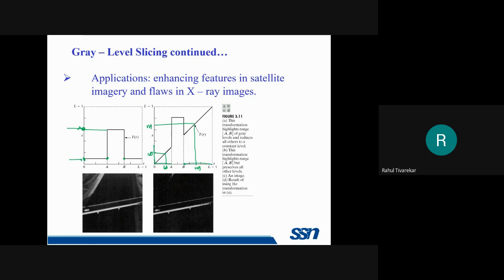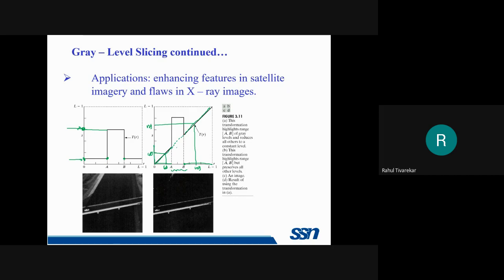So that's why you can see this kind of inclined line, because I want to maintain all the intensities after B and before A. But in between A and B, actually this graph should be like this, marking all the intensities as they are. If you want to get the same output image as that of the input, then the graph should be like this, whatever I have shown by the dotted line.